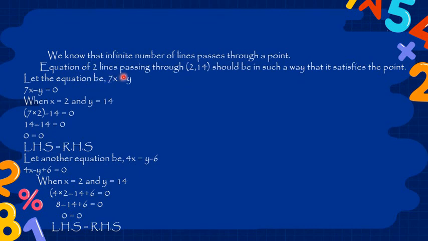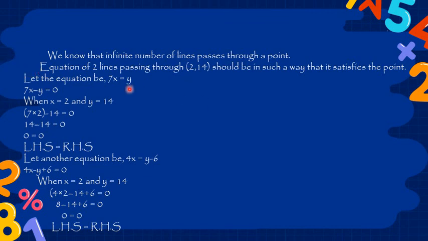The equations of two lines passing through (2, 14) should be such that they satisfy the point. As I said in the previous question, whatever the equation is, the values of x and y should satisfy it.